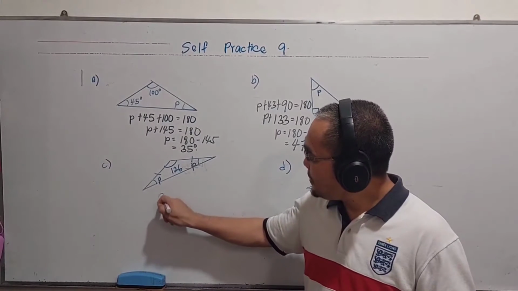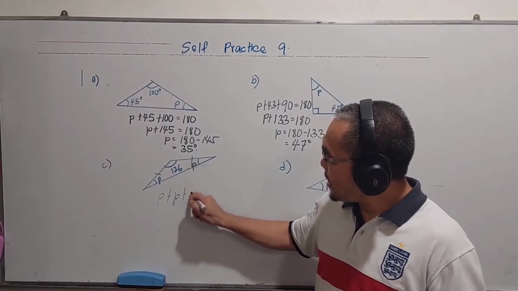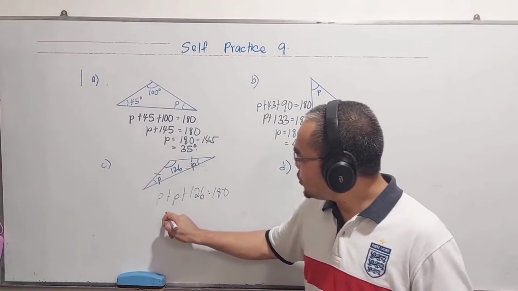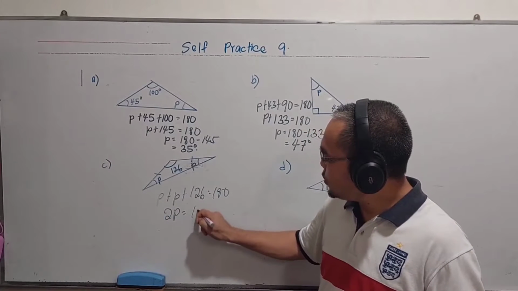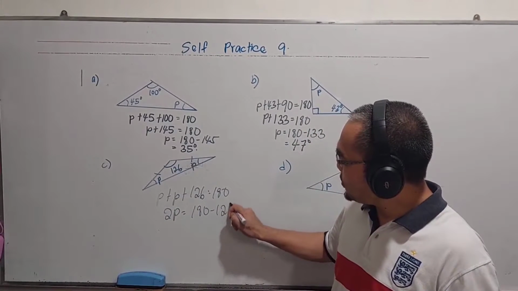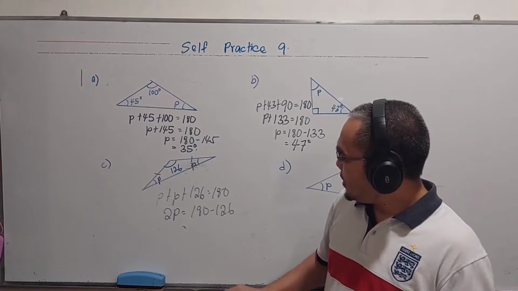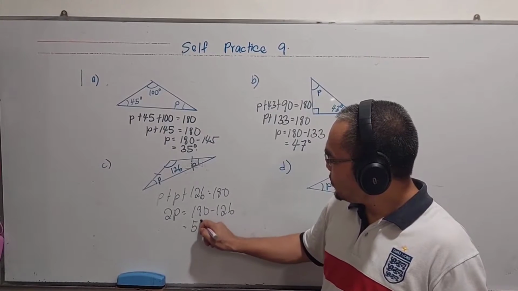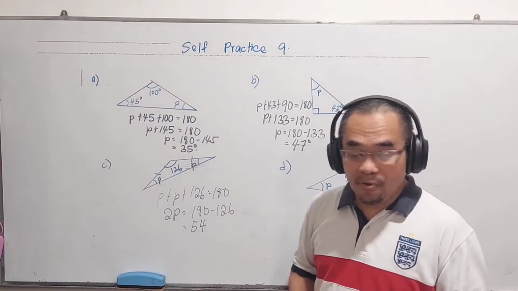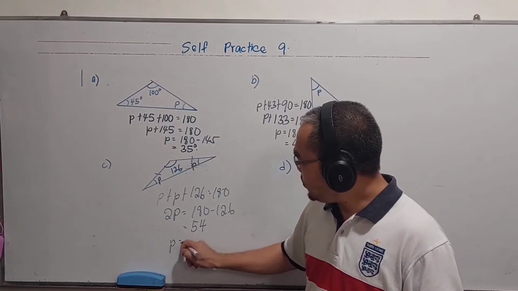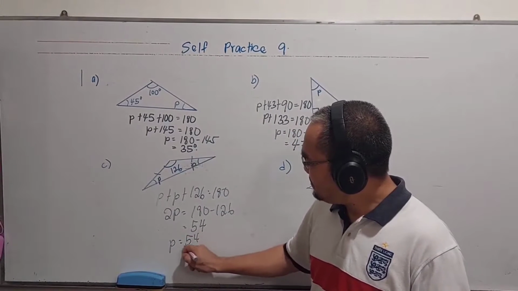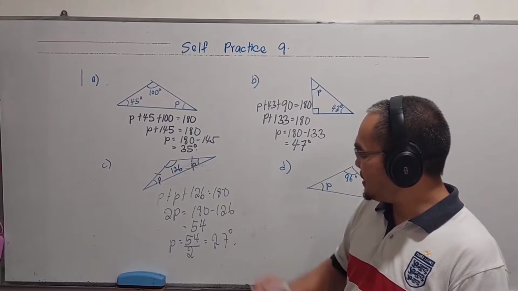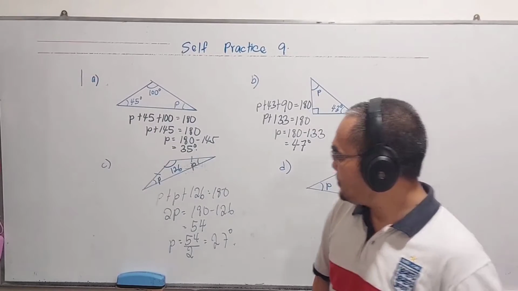So we say P plus P plus 126 is equal to 180, means 2P is equal to 180 minus 126. So 54 degrees. That is the value of 2P. So the value of P will be 54 divided by 2, which is 27 degrees. That is the value of P.